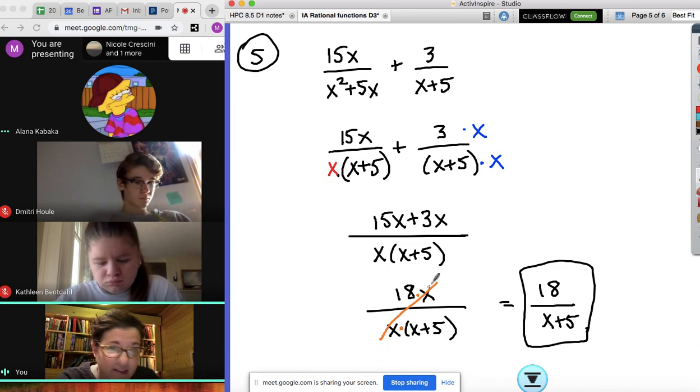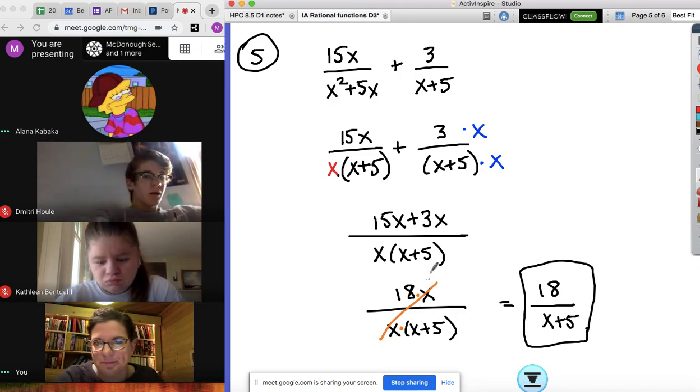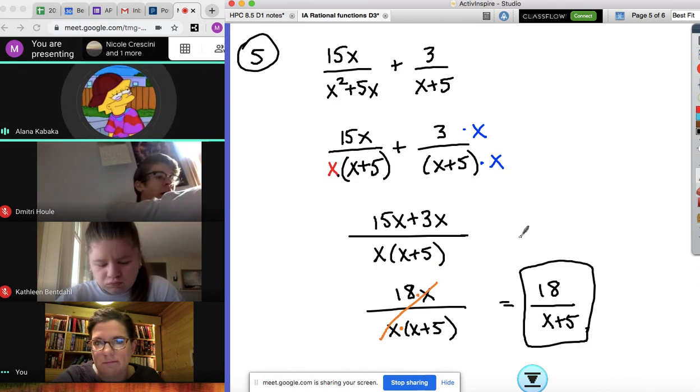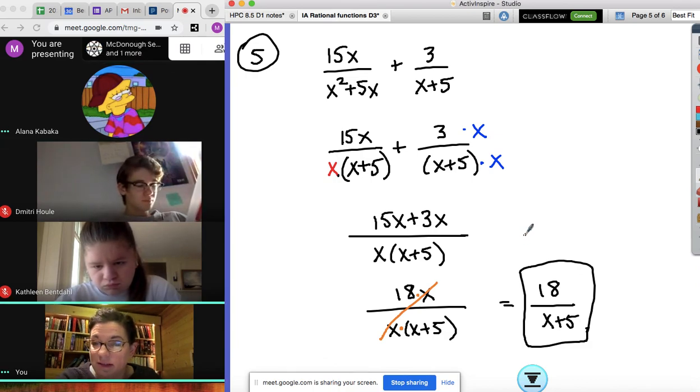Not always, but sometimes it does, and it's easier to see what's going to cancel if it has been factored out. So if it would have been 18 plus x, you couldn't have canceled it out? Correct. Yes. You can only cancel if you're multiplying by the exact same thing on top and bottom.